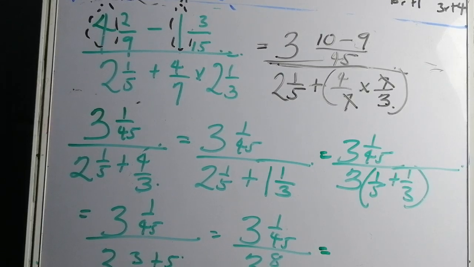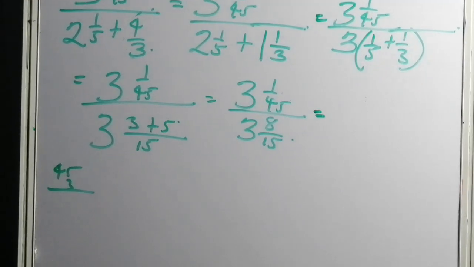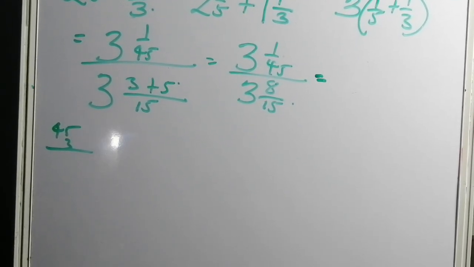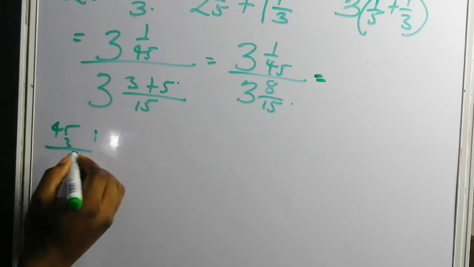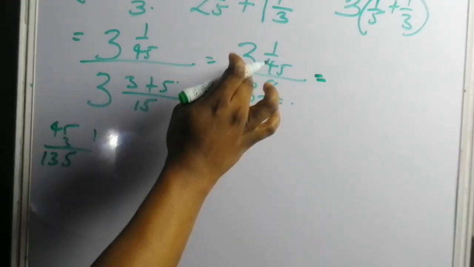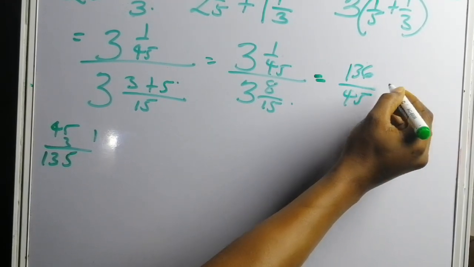So carry 1. When you take 1 there, at the end of the day you can now get your answer out. So 5 times 3 is 15, carry 1. 4 times 3, 12 plus 1, 13. So that's 135. So 135 plus 1, that's 136 over 45.